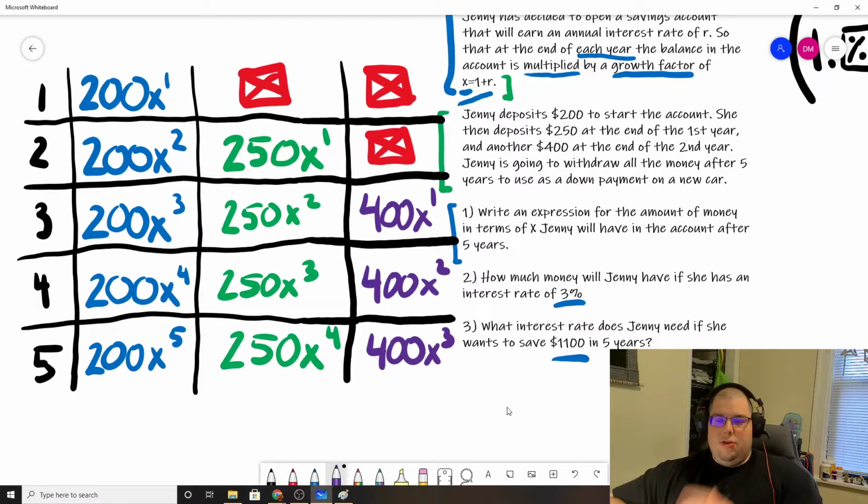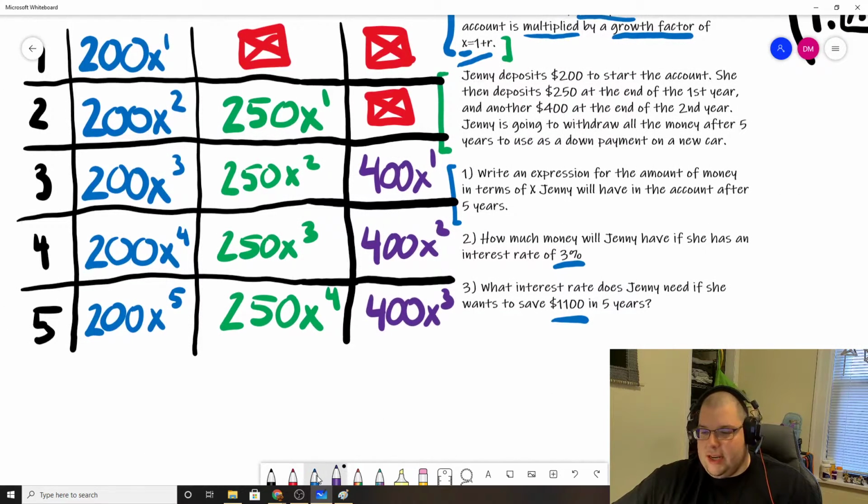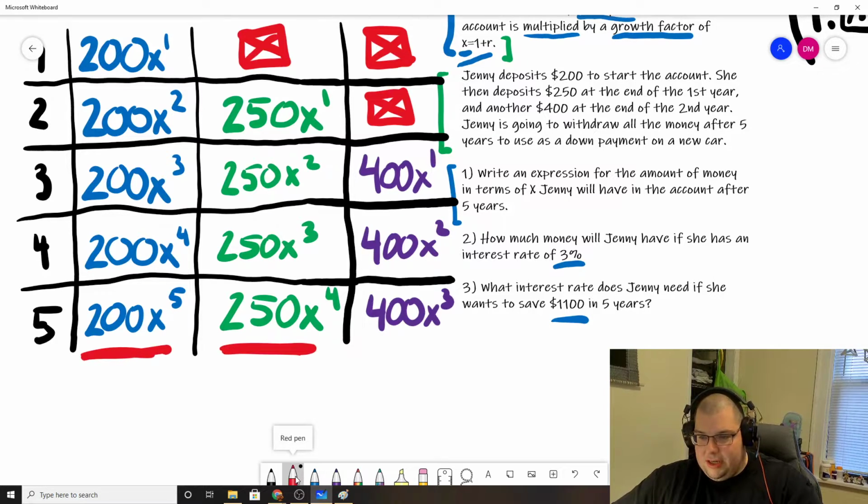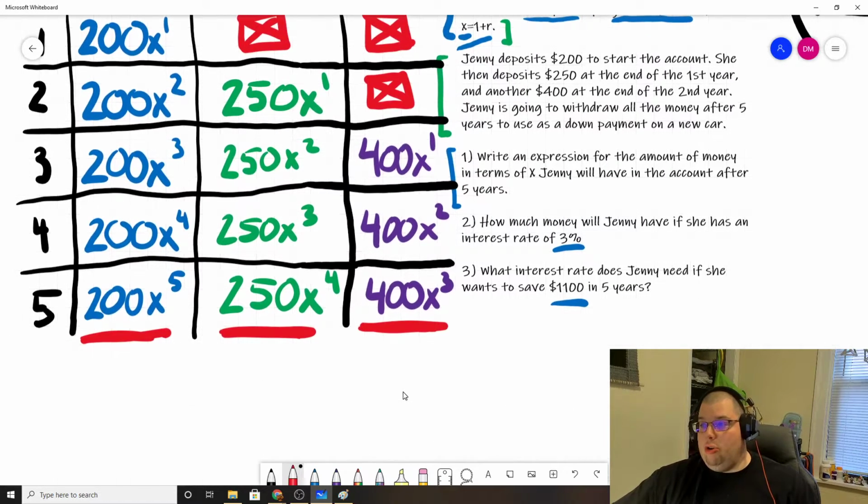So again, those x's keep getting multiplied for each year that $400 is in the bank. So 400x to the first for its first year, 400x squared for its second year, 400x cubed for its third year. And now these 3 pieces, this piece, this piece, and this piece, all reflect for that amount of money. But we want the total amount of money in Jenny's account.